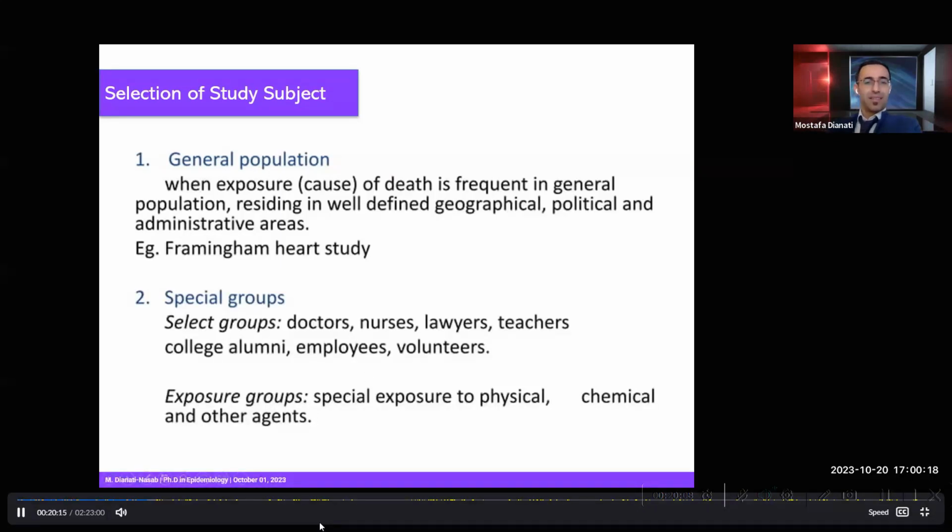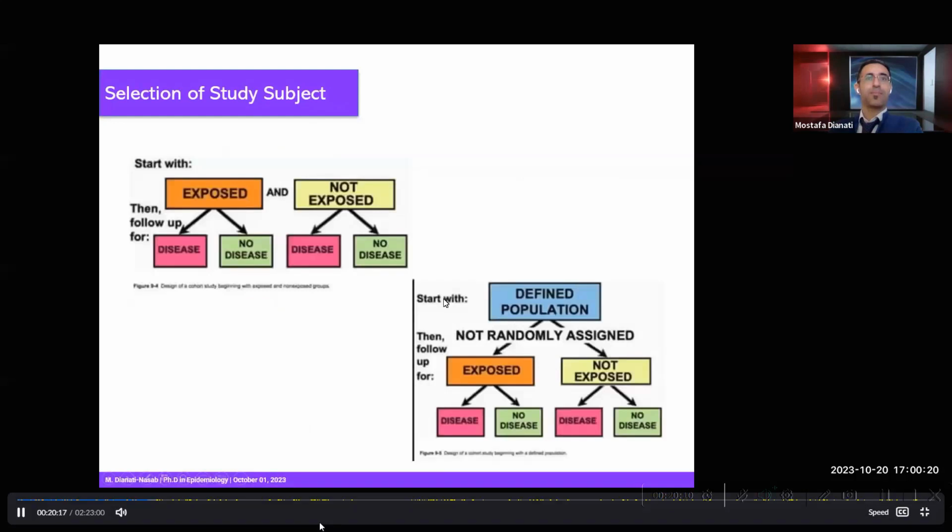So let's go forward here. So basically, in the previous slide, I mentioned if you select a whole population, it doesn't matter if it is a nurse, lawyer, teacher, student, male, female. It's like starting with a population.